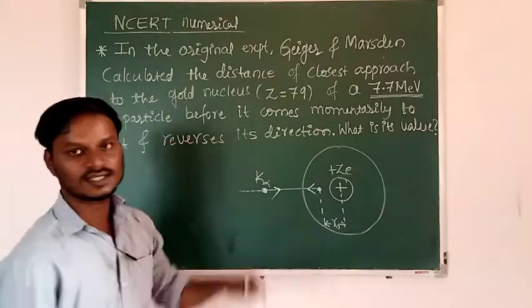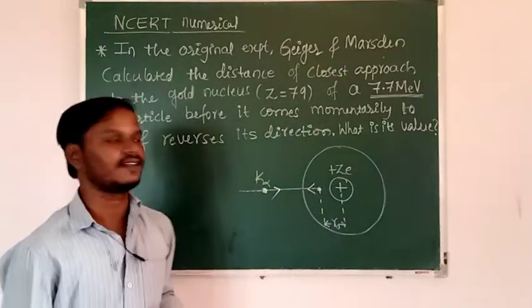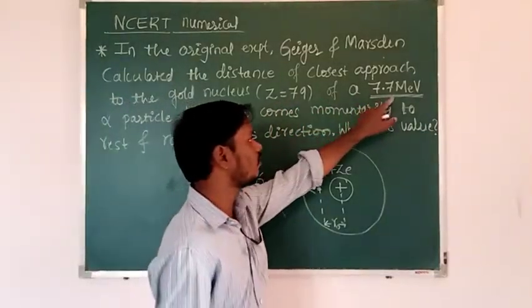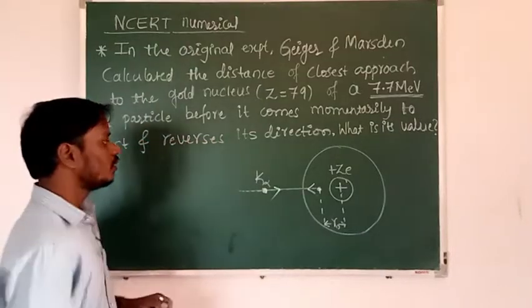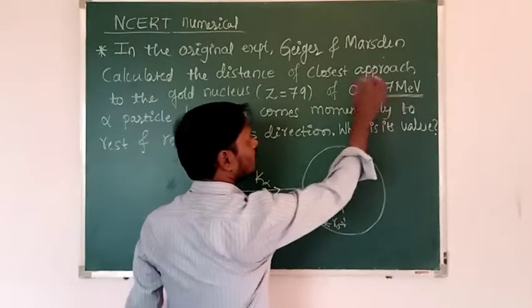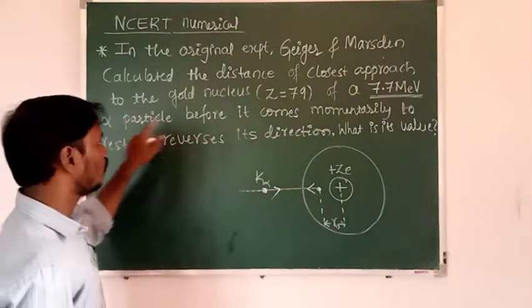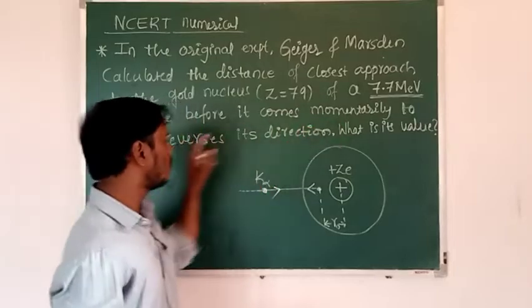For the gold nucleus, and the number of protons present in the gold nucleus is given, that is 79, for a 7.7 million electron volt alpha particle. The kinetic energy of the alpha particle is given, that is 7.7 million electron volt, before it comes momentarily to rest.